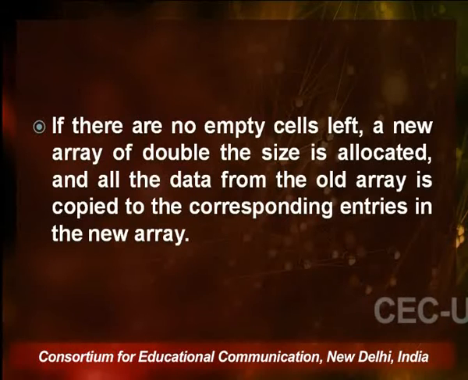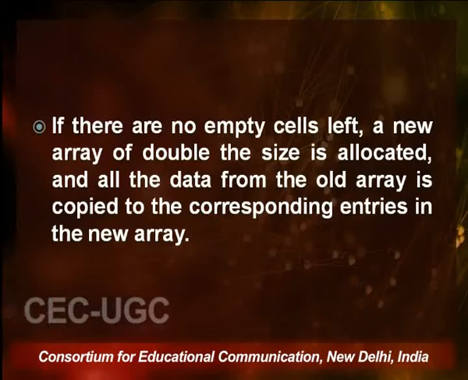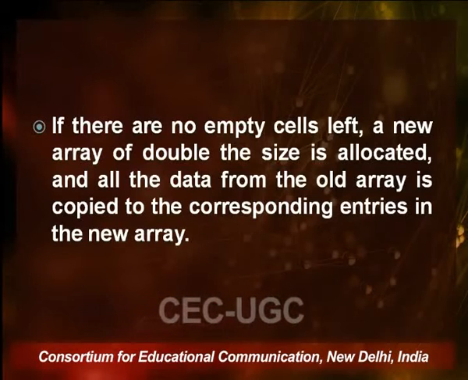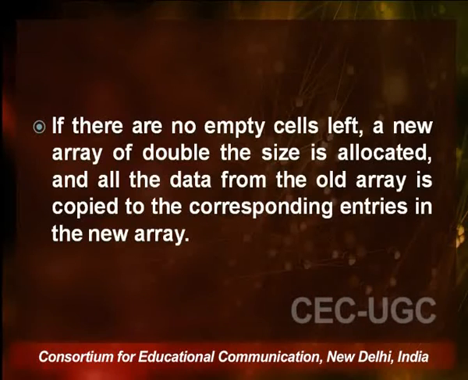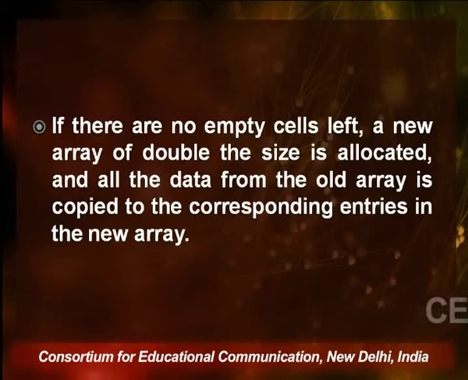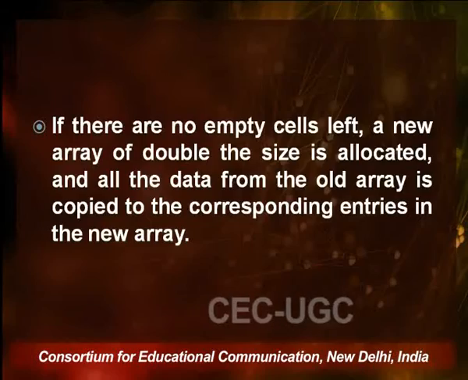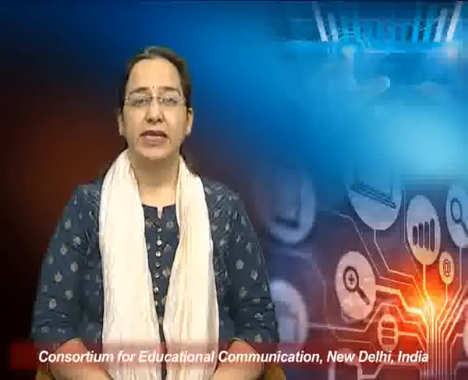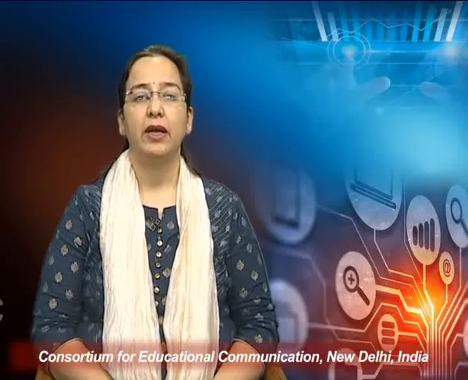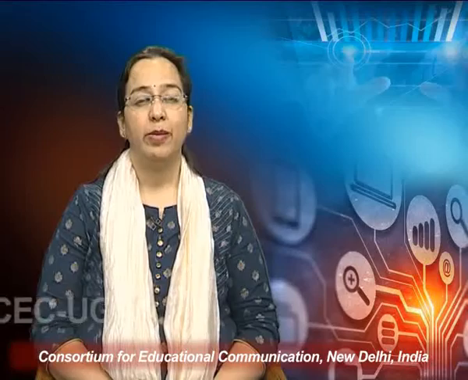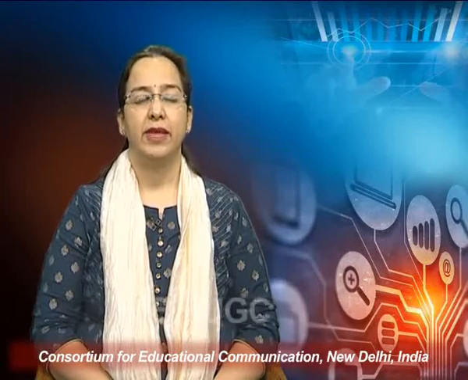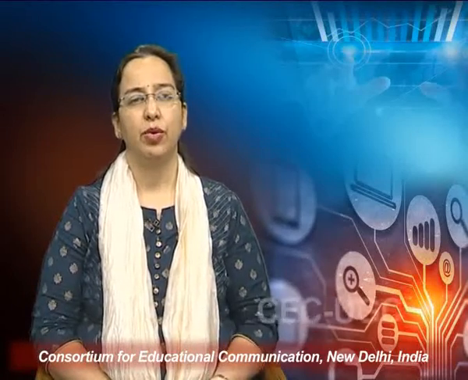So if there are no cells left, a new array of integers is allocated. All the data from the old array is copied to the corresponding entries in the new array, and the size of that new array will be double the size of the previous old array.